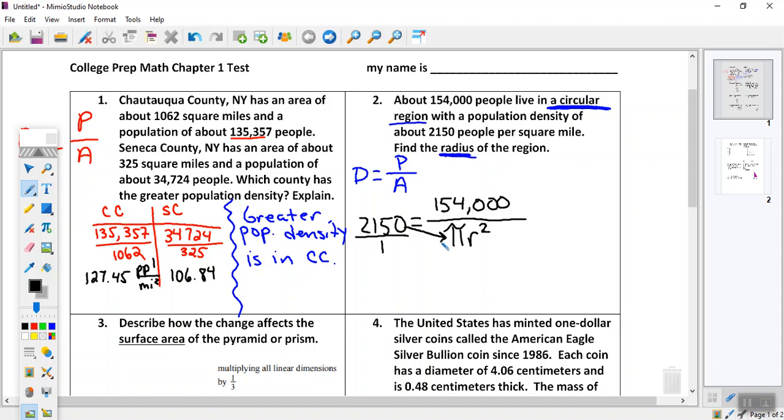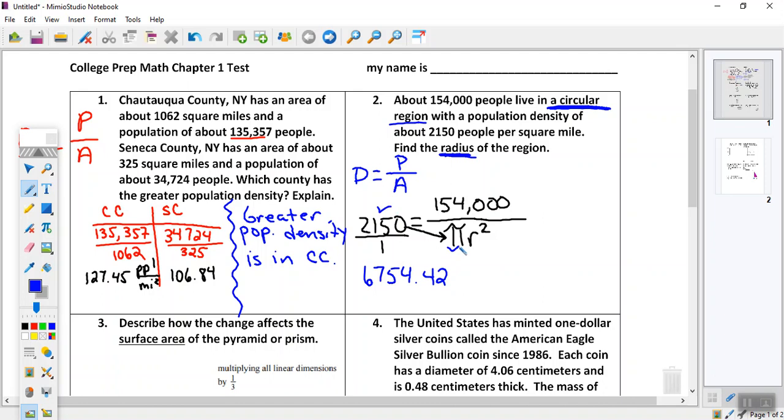2,150 times pi. We'll go 2 places on that. 6,754.42. Thanks, Maddie. 6,754.42. That comes from the 2,150 times the pi.